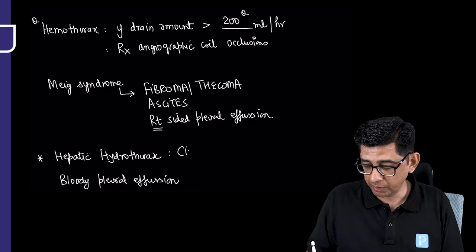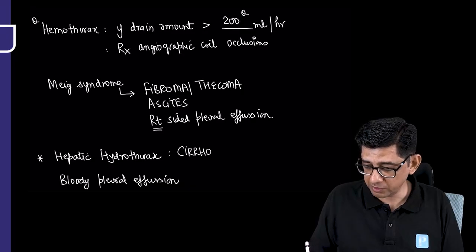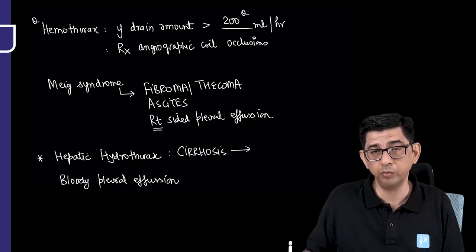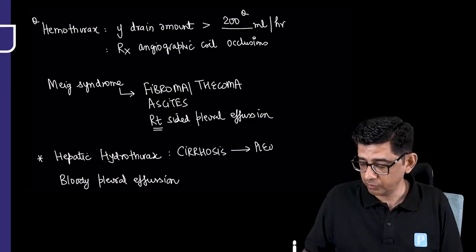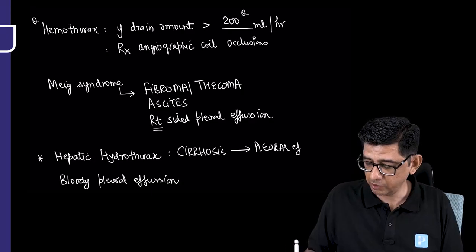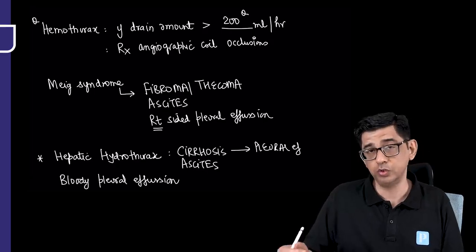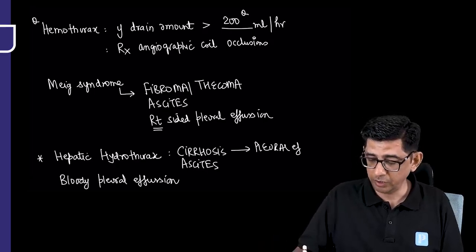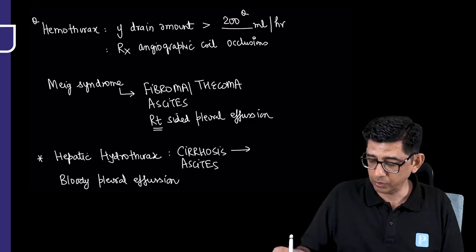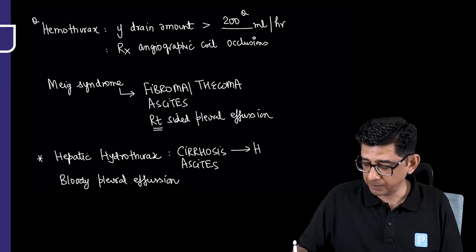The meaning of the word hepatic hydrothorax is that cirrhosis patients will also subsequently end up with pleural effusion. One of the reasons for this can be leakage of fluid, because cirrhosis patients will have ascites, and the ascitic fluid will then leak through these holes in the diaphragm and can contribute to development of hydrothorax or pleural effusion as well. I repeat that once again.